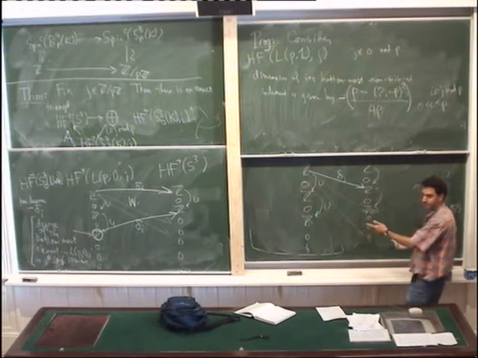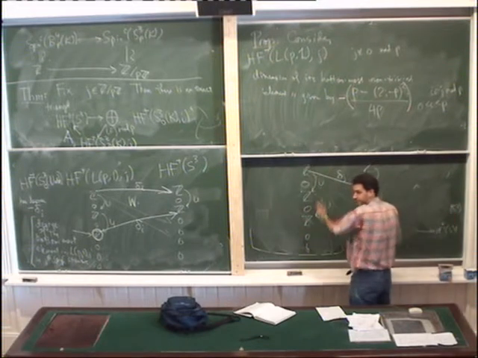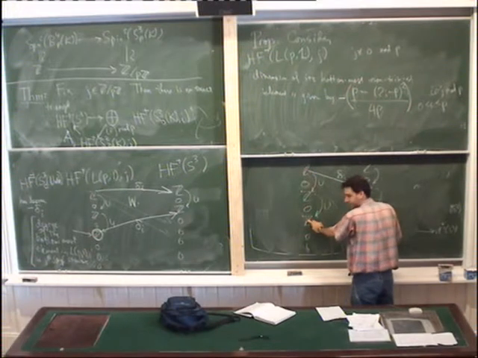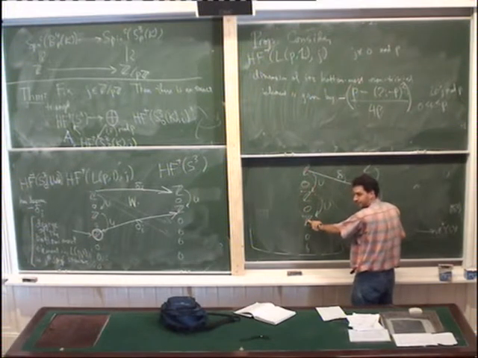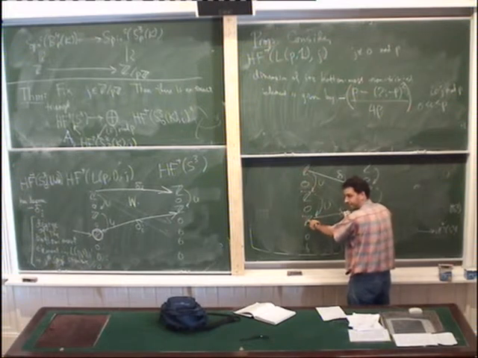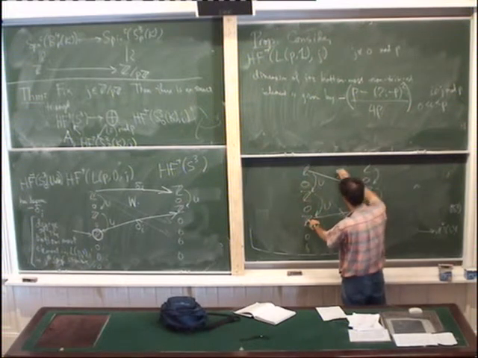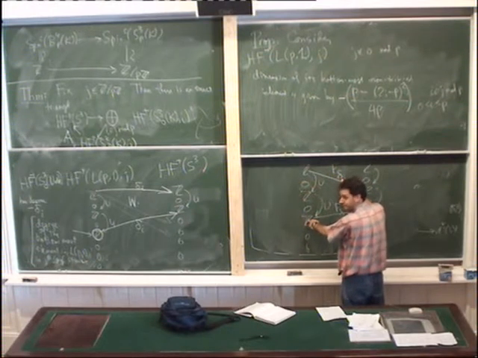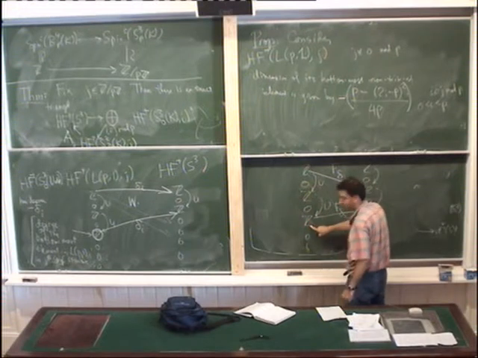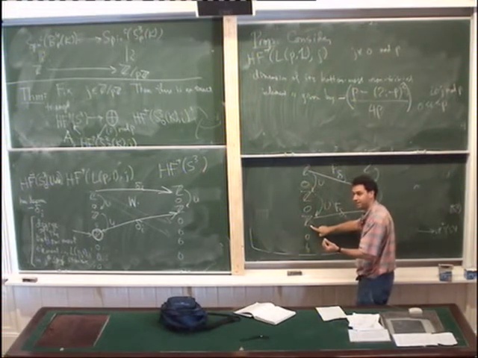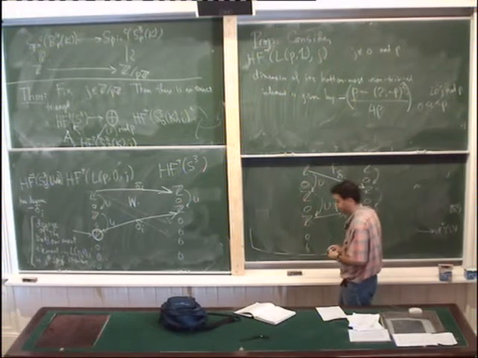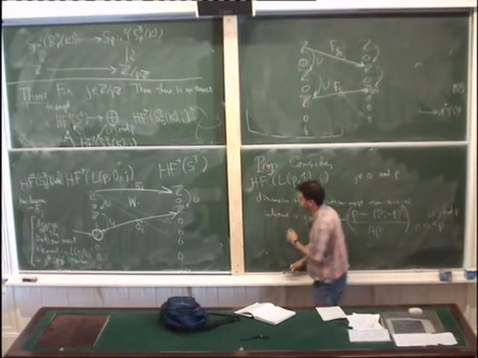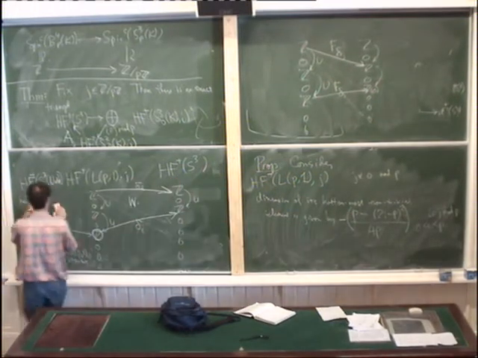But it's an isomorphism. That means the sum of the whole thing is an isomorphism. That means that this term must get mapped to the bottom term here under this F delta j, which is a map that drops degree by delta j. That means that this element must live in degree minus delta j, because it ends in something in dimension 0. Good. Okay. So we've now done this proposition, and we've calculated the Floer homology.